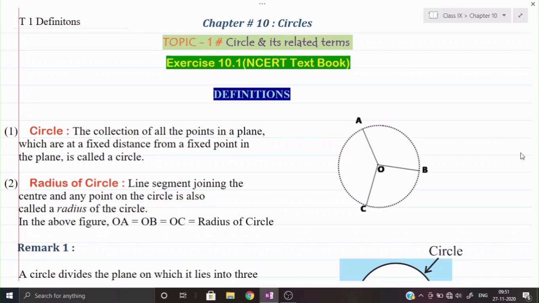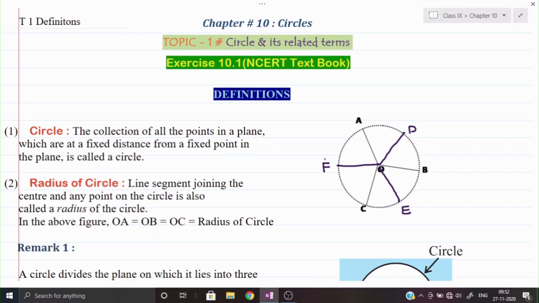As you can see, there are many points over there. Suppose I take one more point D and join O to D, similarly a point E and join O to E, and one more point F and join O to F. Then OD, OE and OF will all have the same distance as OA, OB and OC.